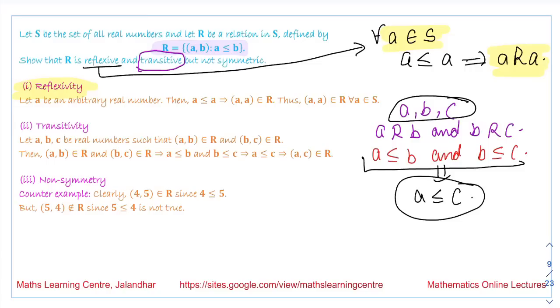So this means that this relation is a transitive relation. Why? Because this implies that A is related to C.